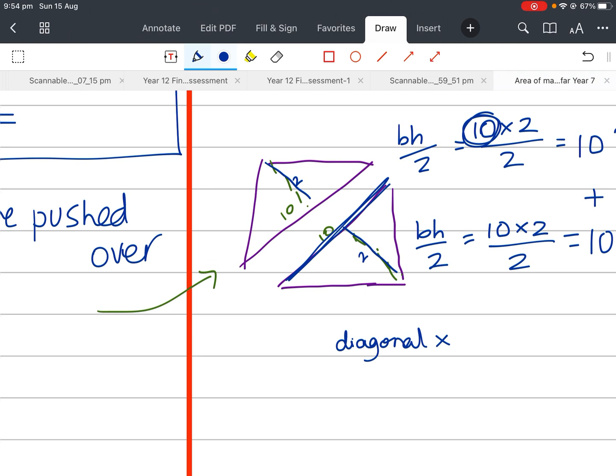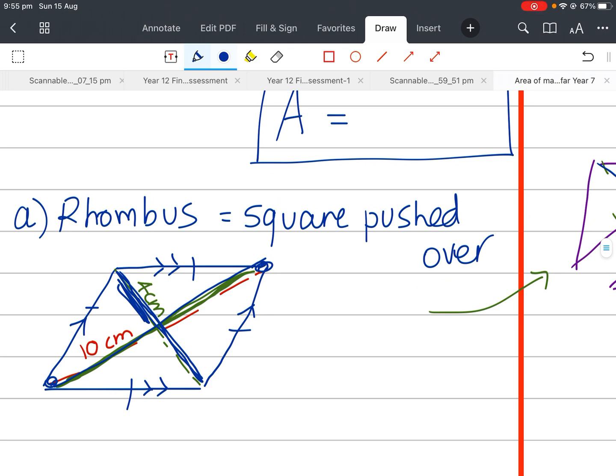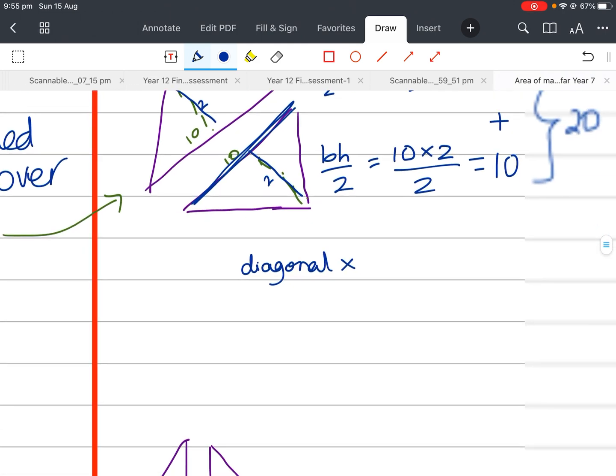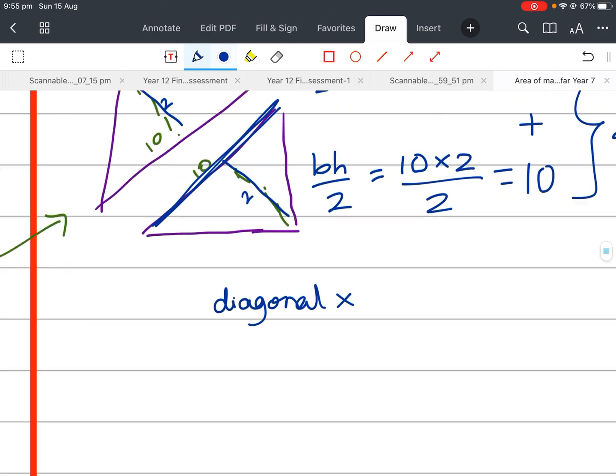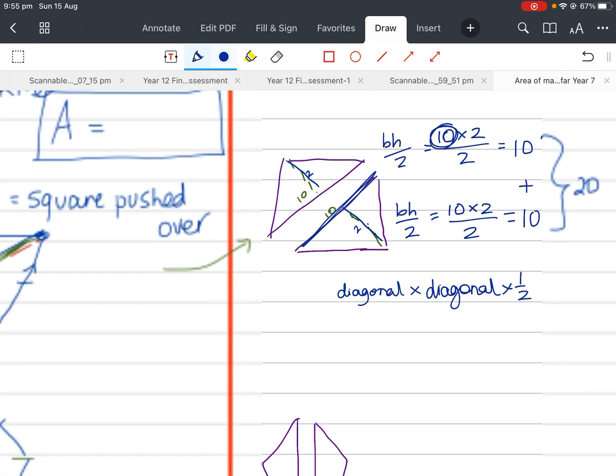But what did I do to that 2? What did I do to that 4 to make it 2? Hopefully you said, well, you halved it, miss. And that's exactly what I did. So I went one diagonal times by the half of the other diagonal. Okay? Diagonal times a half. So that's the quick way.